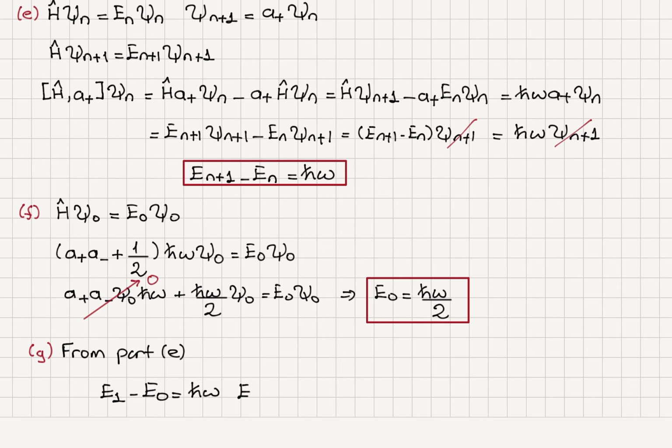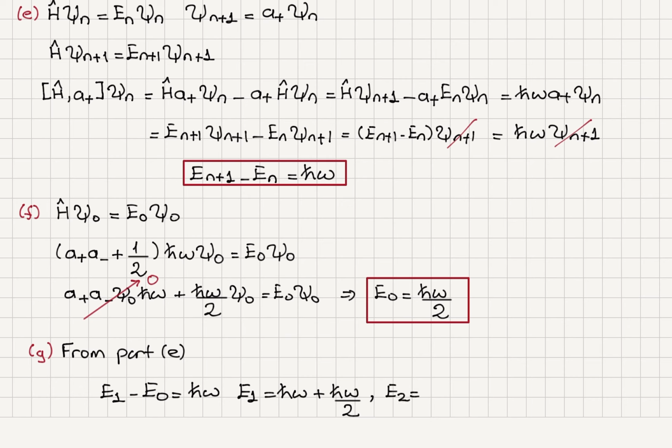So E1 is equal to h bar omega plus h bar omega over 2, which is E0. And similarly, I can write E2 minus E1 is h bar omega.